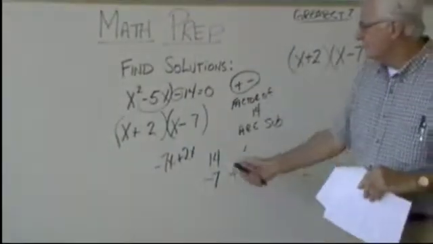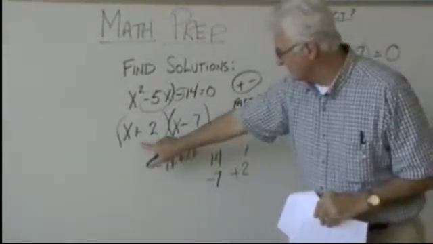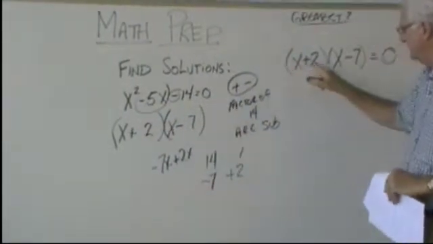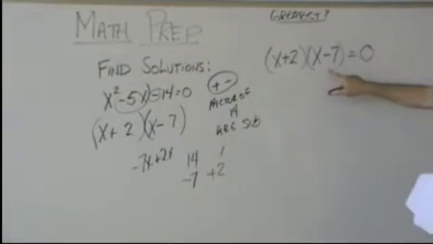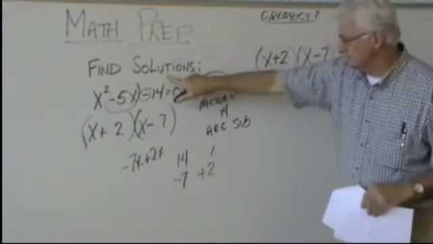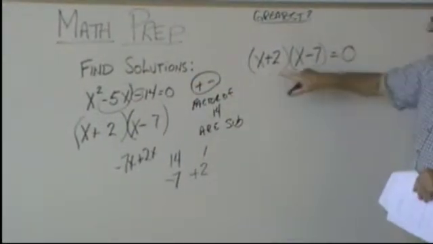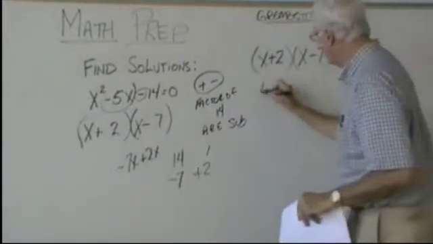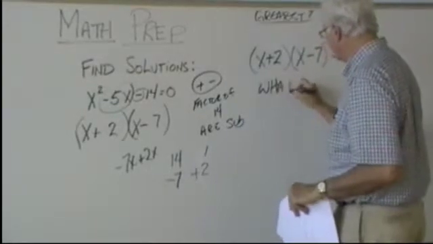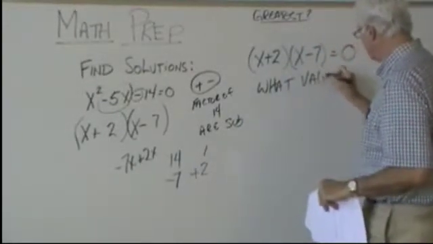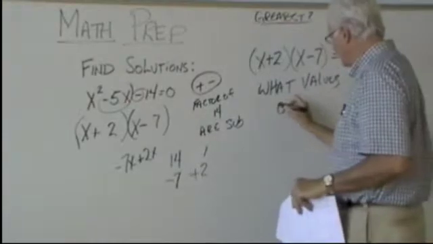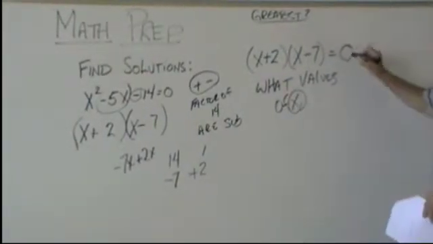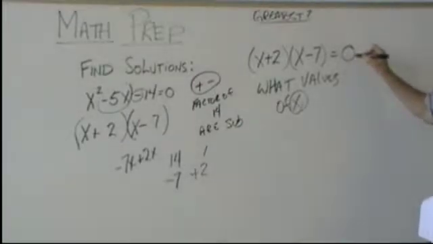Now, we just solved the factoring for this trinomial, x plus 2, x minus 7. So we take these 2 factors here, and they want us to find solutions. Now, this is not my solution yet. When they're asking for a solution, they're saying, what values of x will produce a 0 over here?